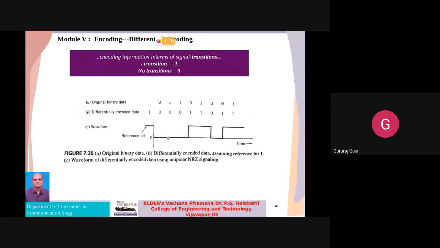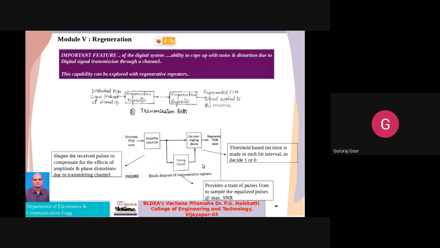Now you can see all zeros are represented by no pulse and ones are represented by a pulse, where the transition is taking place at that instant, it changes the shape of the waveform with the NRZ concept. This is done in the encoding stage.